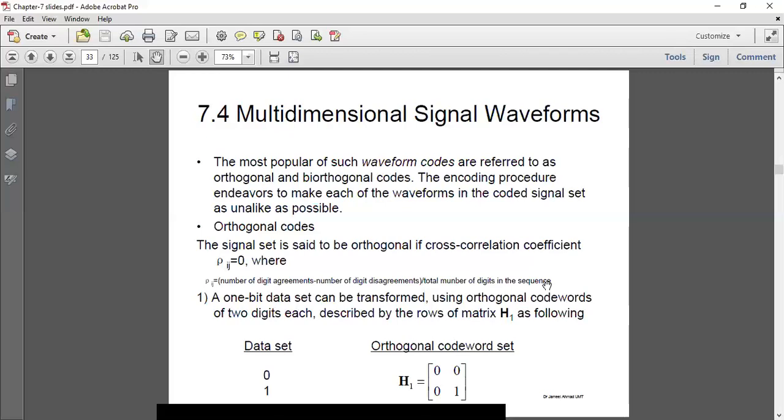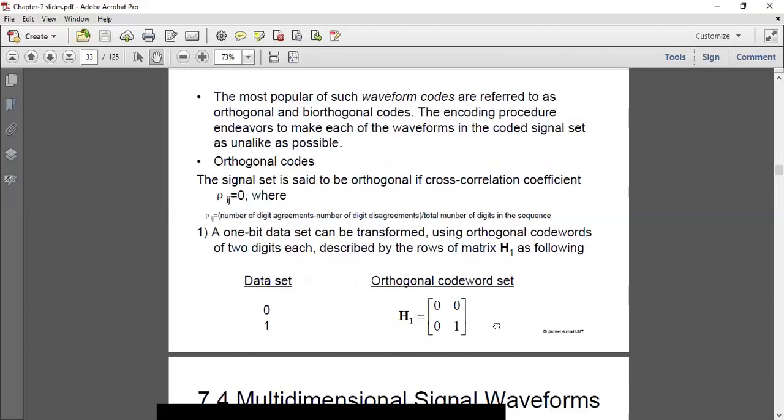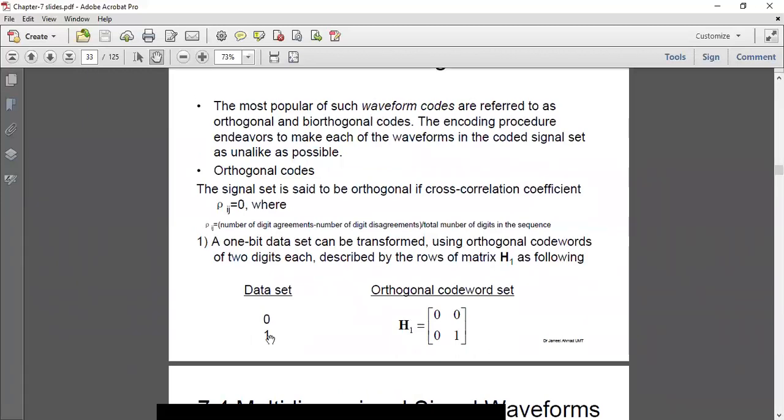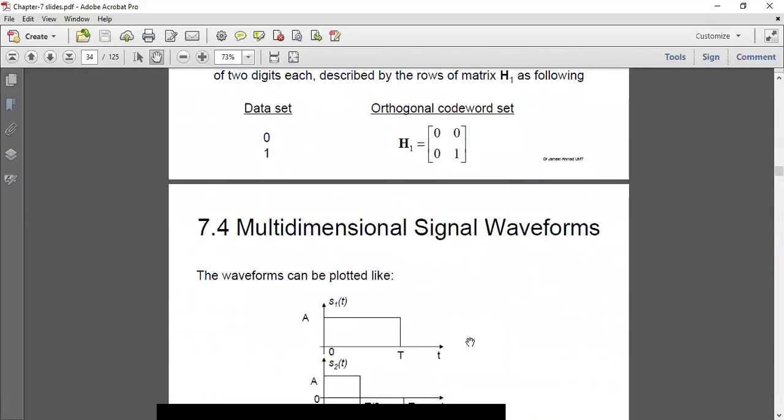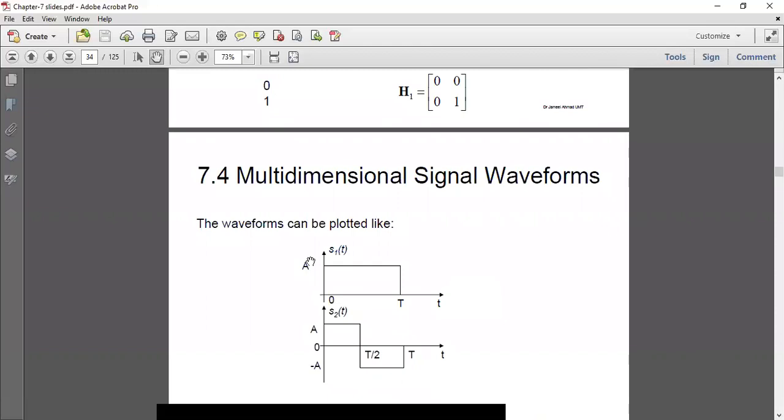A one-bit data set can be transformed using orthogonal waveform code words of 2 digits each, described by the rows of matrix H1 as shown in the figure given below. If we have data set 0 and 1, we can generate an orthogonal code word set by the matrix 0, 0, 0, 1. Then the waveform can be plotted.